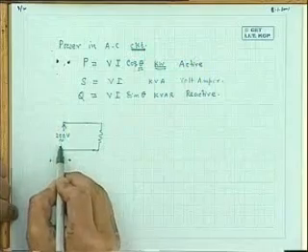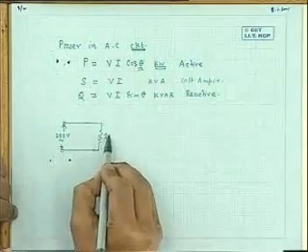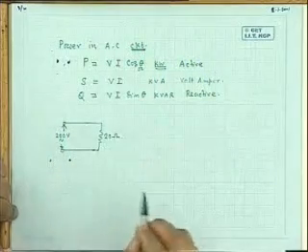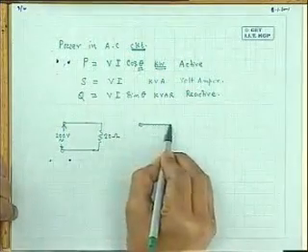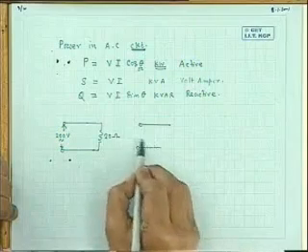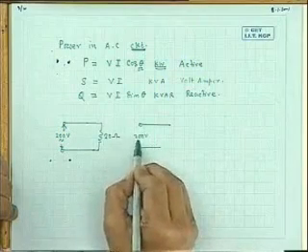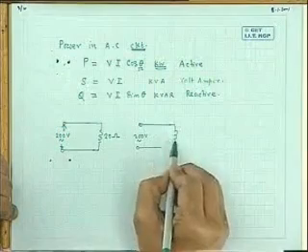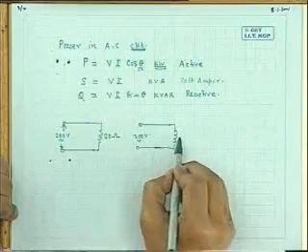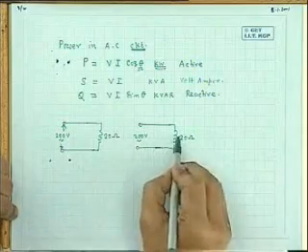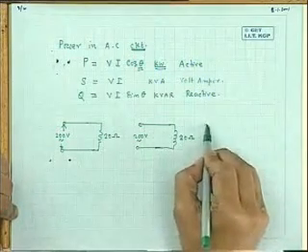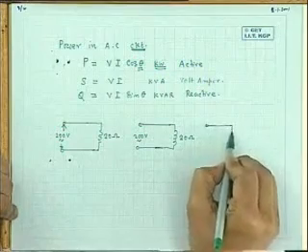Suppose you have an AC supply 200 volt RMS applied across a 20 ohm resistance. You have another circuit where the same 200 volt AC is applied, and it is purely inductive, whose impedance is 20 ohm, reactance is 20 ohm.